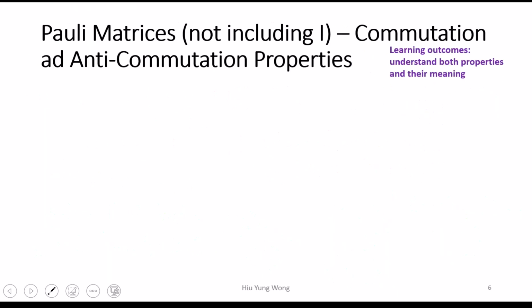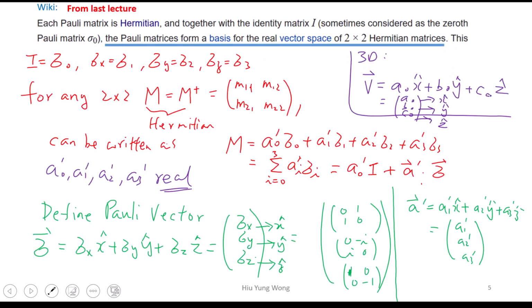Right? So let's continue to understand the Pauli matrix more. The first thing we want to learn is the commutation relationship. You might not be familiar with this, but we need to learn it right away. So for the Pauli matrix, if you look at this commutation relationship, what does it mean?